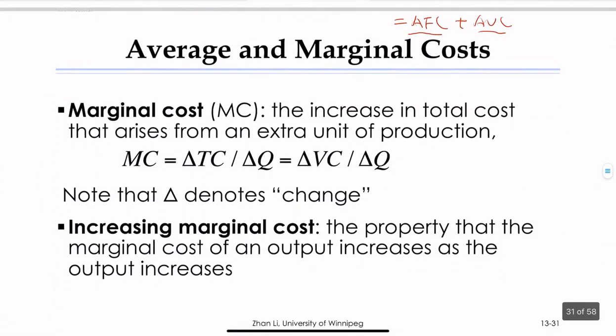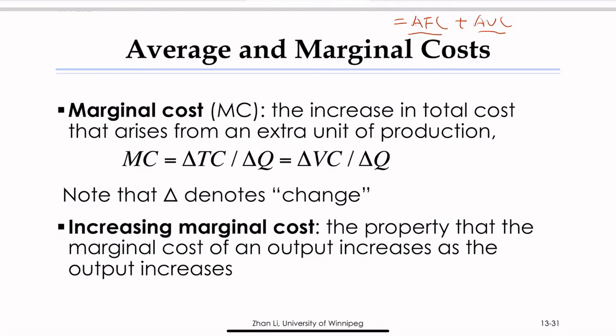Then the last type of definition is marginal cost. We have learned about marginal product, right? So in the case of marginal product, it is defined by the additional output you can get divided by the additional input you have used. So in the case of marginal cost, whenever you're talking about marginal, it's always about changes or the ratio of changes, right?